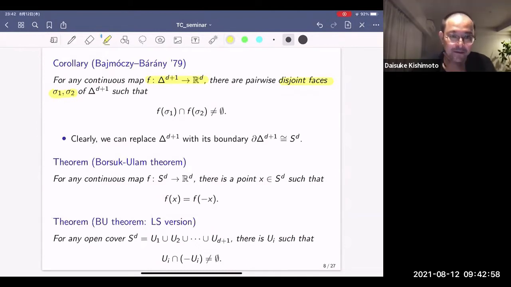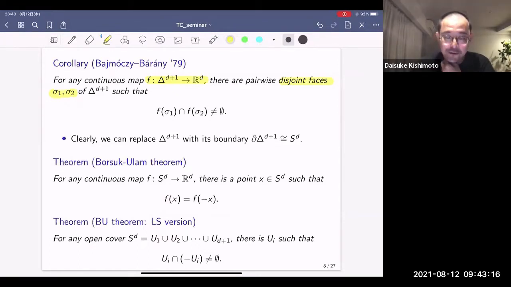And the theorem for this kind of map is the Borsuk-Ulam theorem. For any continuous map F from S^D to R^D, there is a point x in S^D such that F(x) coincides with F(-x).